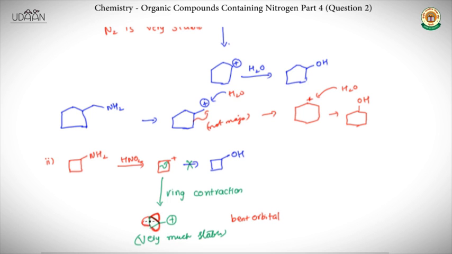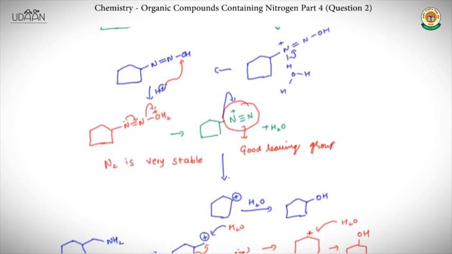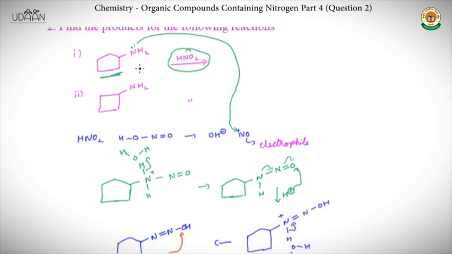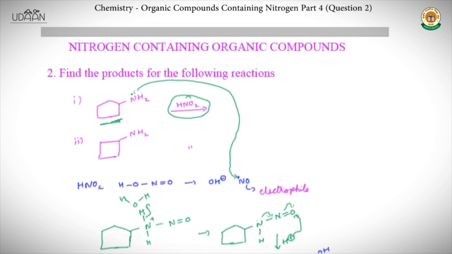Now because of the presence of these bent shaped bonds, this can give its electrons to this carbocation, and thereby it increases the stability of it, so it is formed. Now this carbocation, if treated with water, you are going to get an alcohol like this one. Now in the theory table, you are told that HNO2 with a primary amine reacts completely. So this is how it reacts with HNO2.